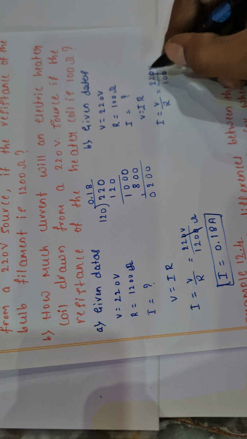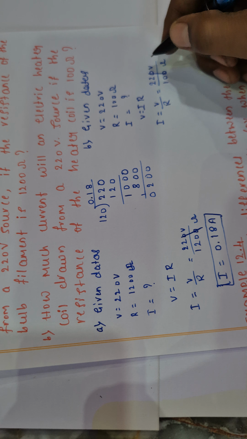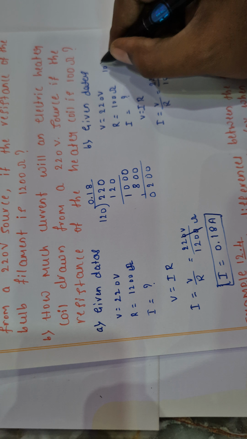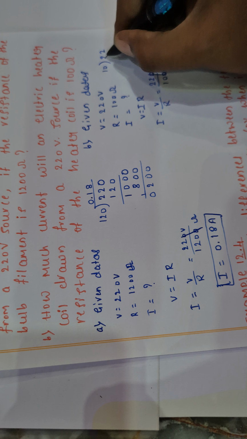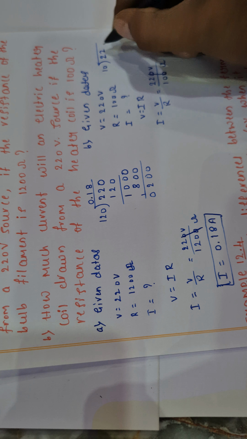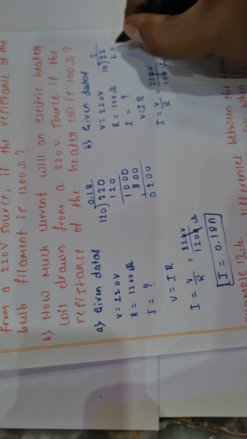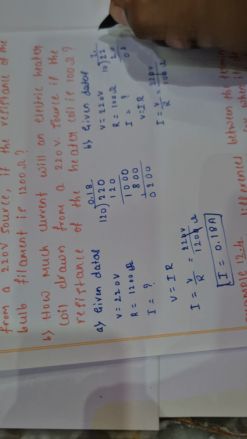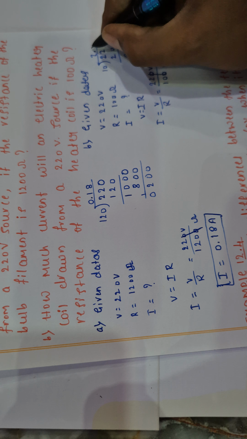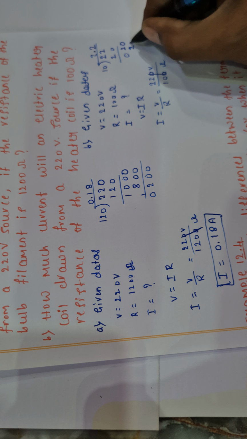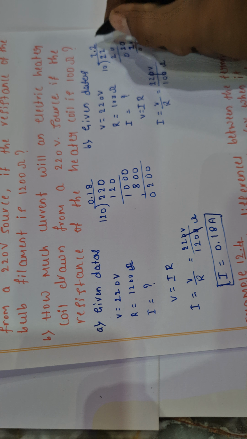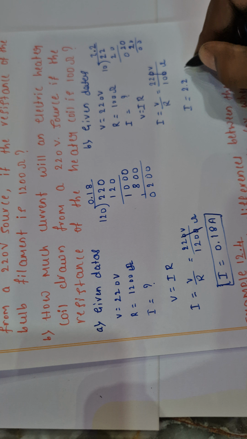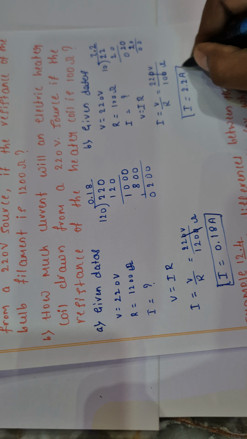We have to add the point and a 0, so 20 divided by 10 is 2. Okay, 2.2. Now the current I is equal to 2.2 ampere.